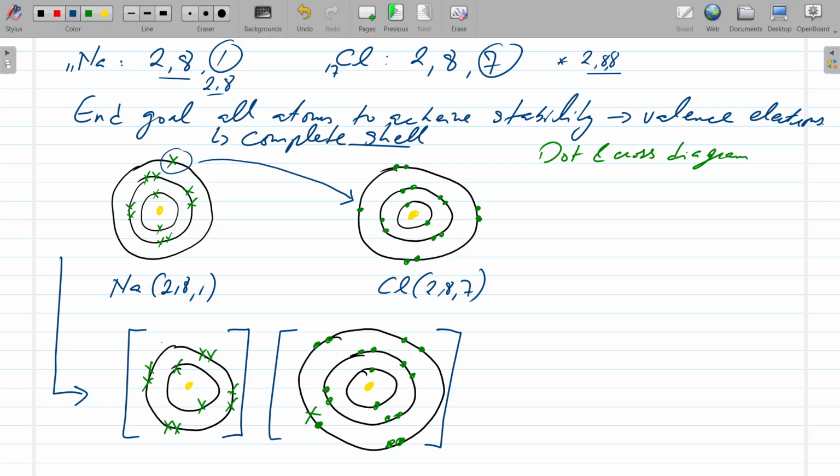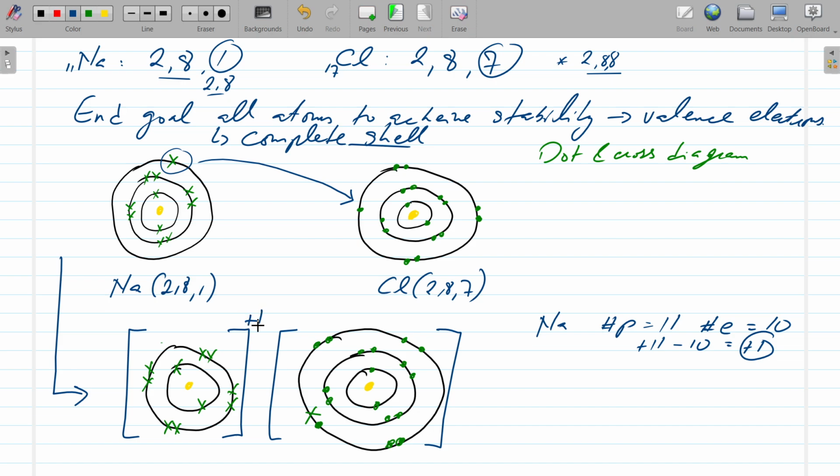So for sodium, the number of protons equals 11 and the number of electrons equals 10, and so plus 11 minus 10 equals plus 1, and that's the charge on sodium.